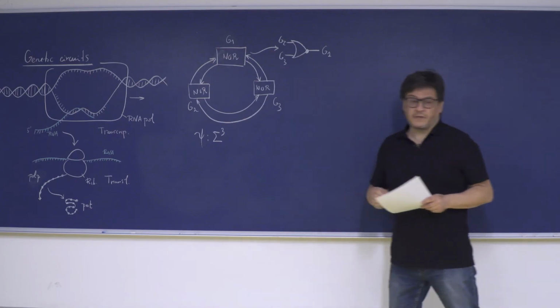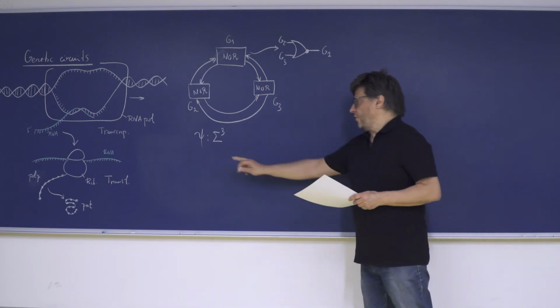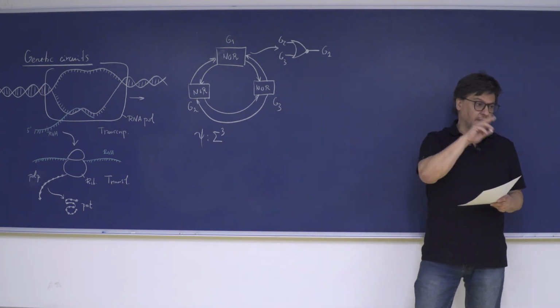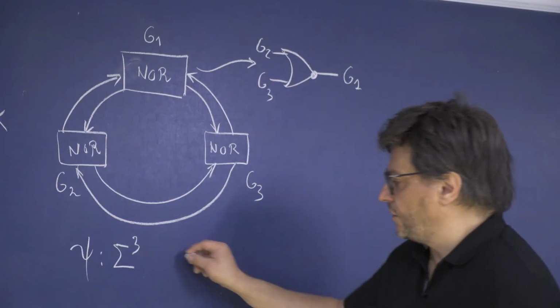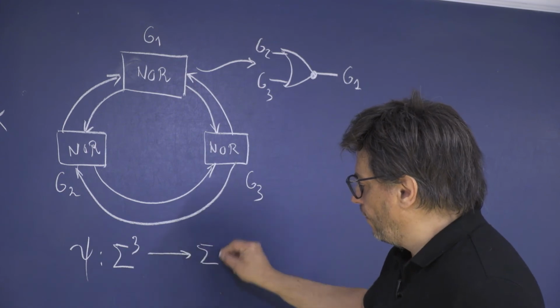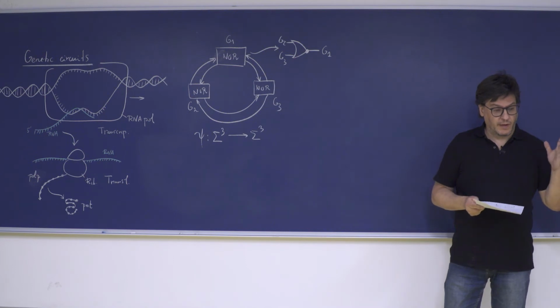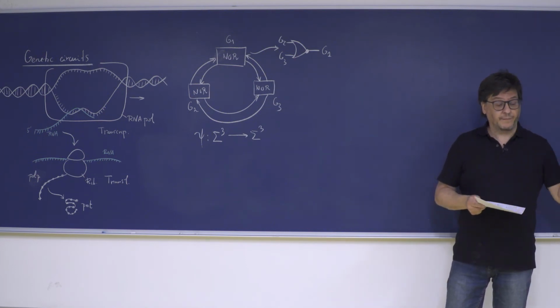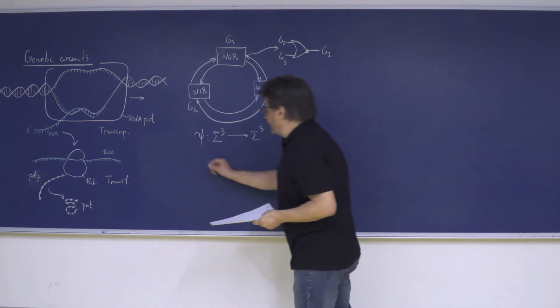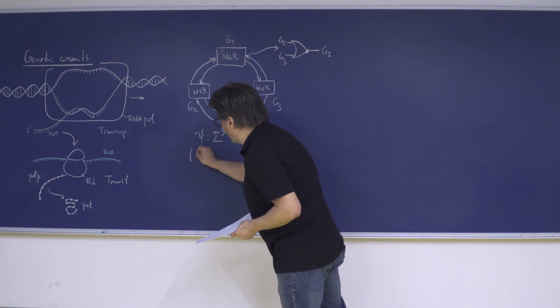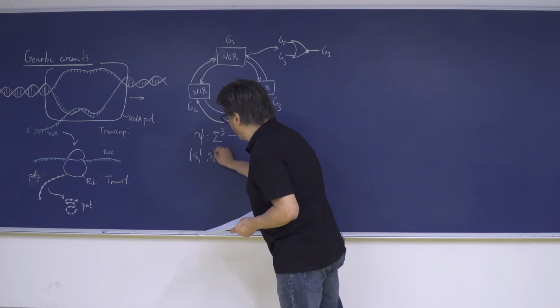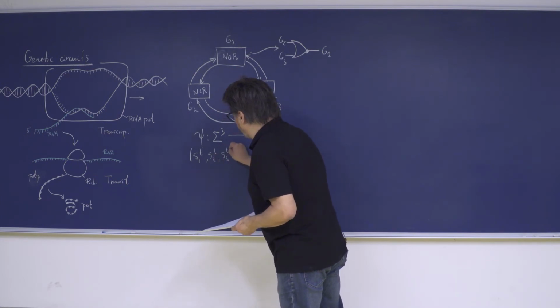I have this three-dimensional system from a set of states. Each gene has two different states. I have three genes. Because what I'm doing now is acting in time, right, from a set of states, let's say S1 at time t, S2 at time t, S3 at time t.